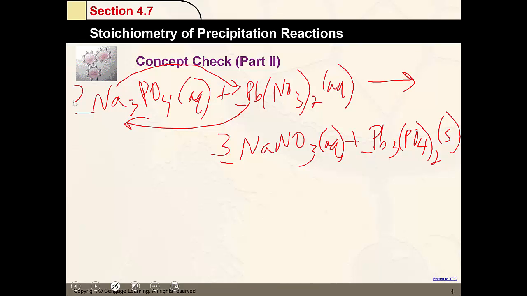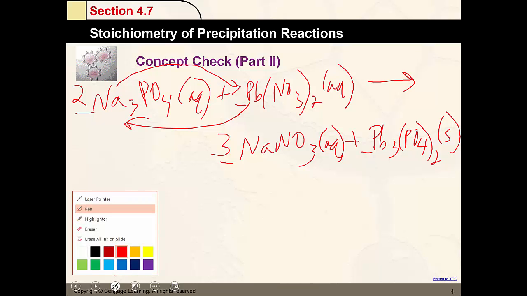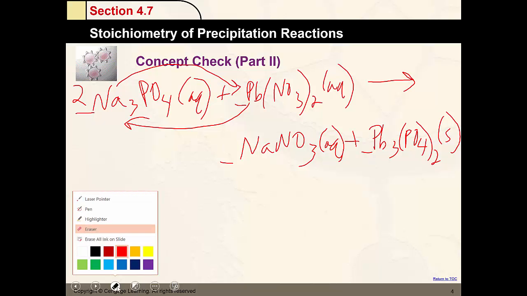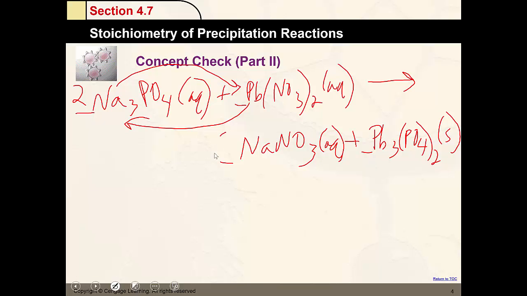So therefore we have to put a 2 in front of sodium phosphate, meaning now there are 6 sodium ions on the left side, so we have to make sure there are 6 on the right. So now there's 6 nitrate ions on the right, so we add a 3 in front of the lead nitrate on the left side, and now everything is balanced.